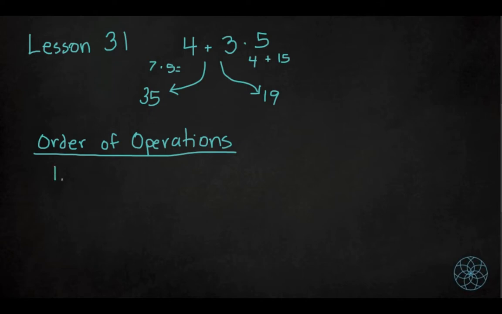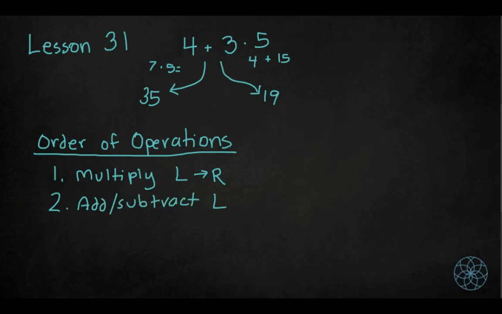First of all, you need to multiply from left to right. And then, secondly, and only after you've multiplied, you would add or subtract from left to right.